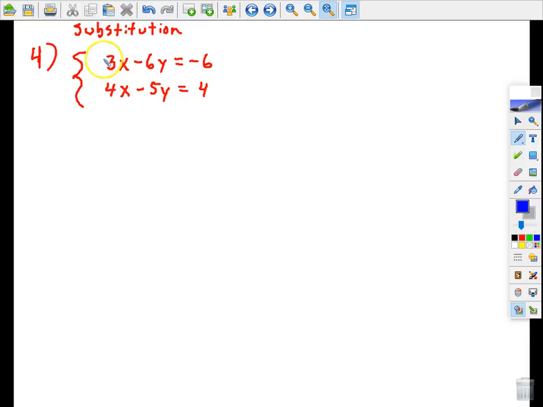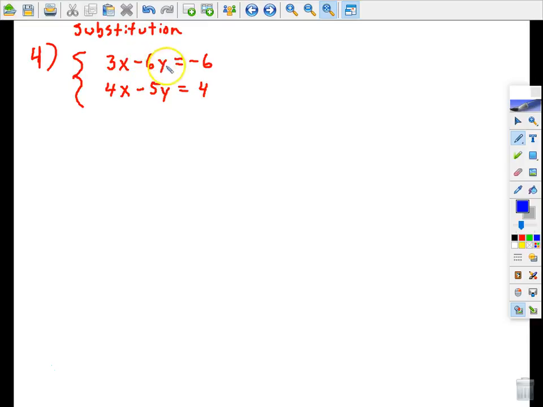Well, notice, if I solve for x in this top equation, I'm going to need 2 steps. I'm going to need to add 6y, and then I'm going to have to divide everything by 3. Well, the good thing about that is both of these numbers are evenly divisible by 3. So that helps me to avoid fractions.